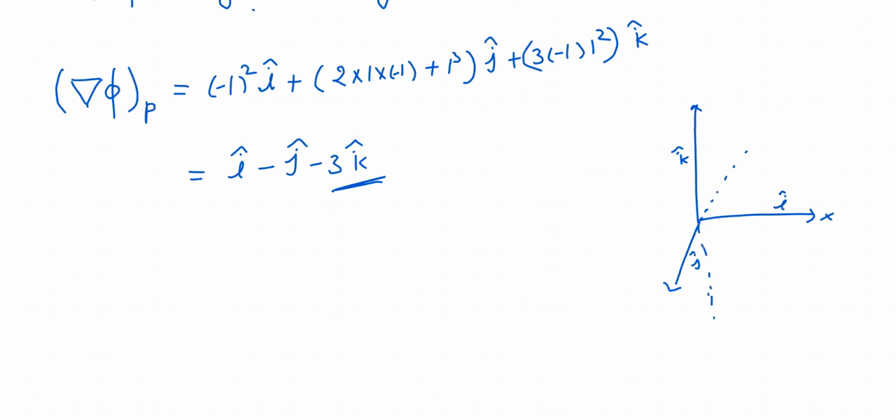Then take values accordingly: 1 unit on i and 1 unit in the opposite direction of y, and here also we take. Okay, then we can represent. Now you got it, or you want more explanation? No, ma'am, I got it.